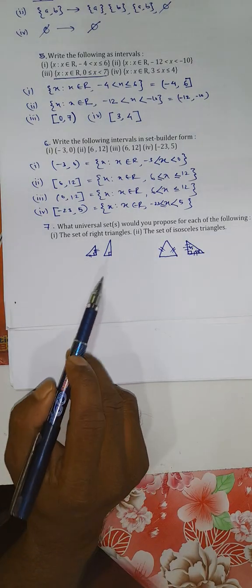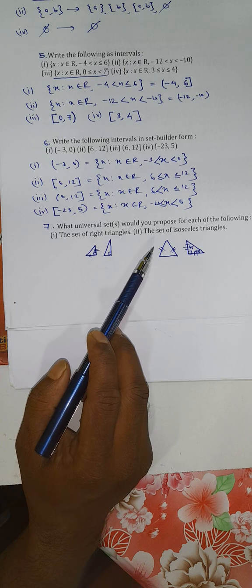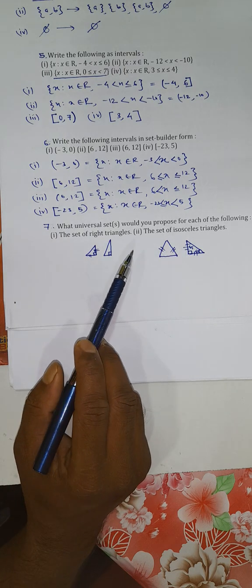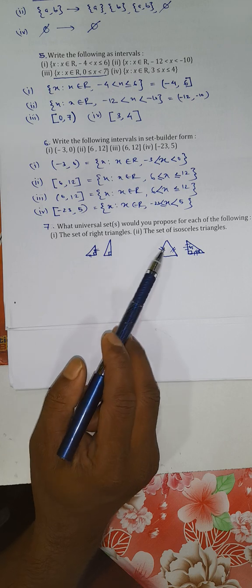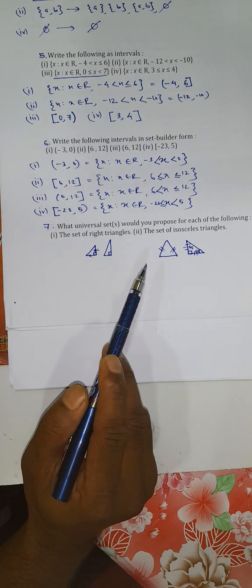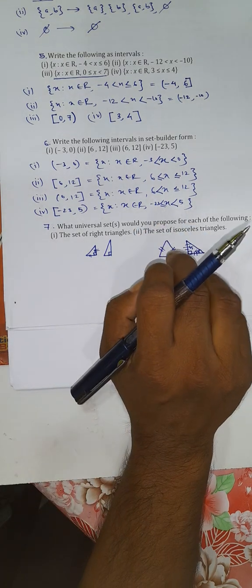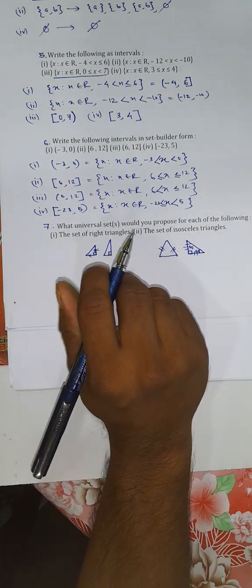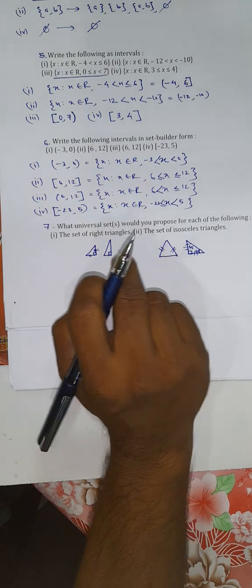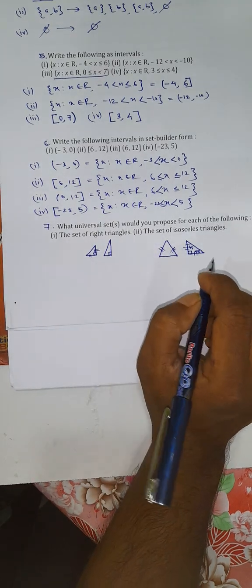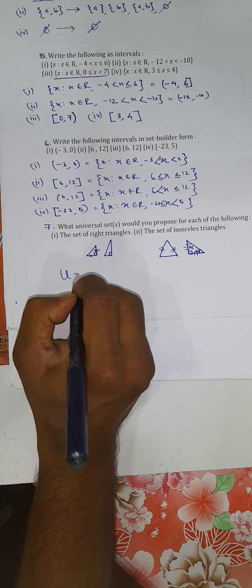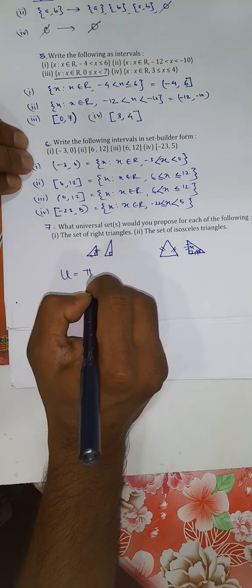Now, what universal sets would you propose for each of the following? The set of right triangles and the set of isosceles triangles. Now you see that every isosceles triangle may not be a right triangle, and every right triangle may not be an isosceles triangle. So here we will define the universal set as the set of triangles.